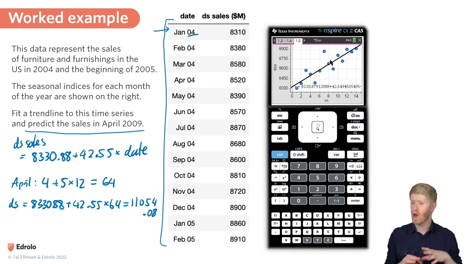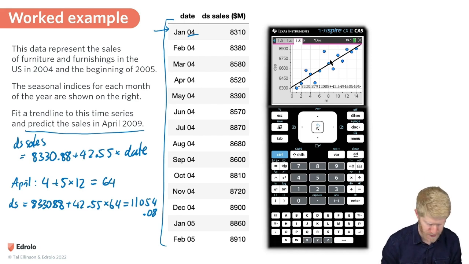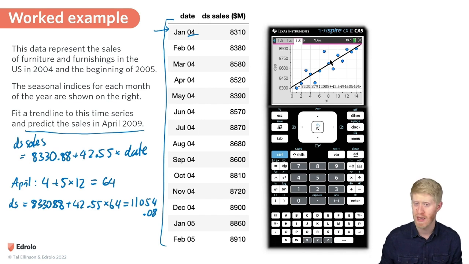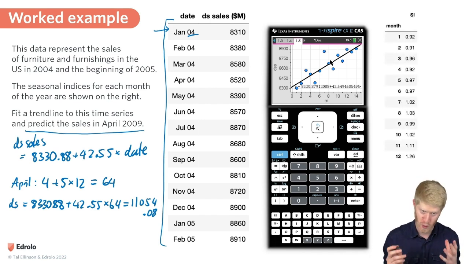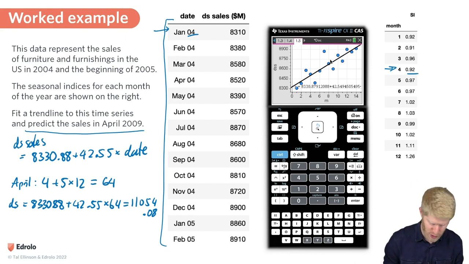But we know that this entire prediction was predicting the deseasonalized sales, right? It wasn't predicting the actual sales. So to find the connection between our deseasonalized sales and our actual sales, we need our seasonal indices. So in this question, we assume that we have them already. We can see here that the seasonal index is 0.92, which means that the actual sales are about 10% lower than average.